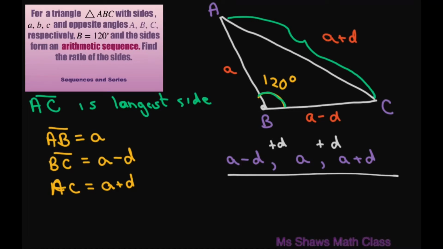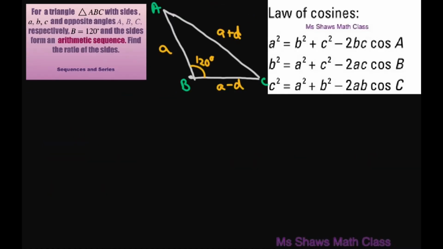So now that we have that, we're going to use the law of cosines to solve. Here's the law of cosines. So this is our largest side. So we start with a plus d squared equals, then we use this one, a minus d squared plus a squared minus 2 times these two.